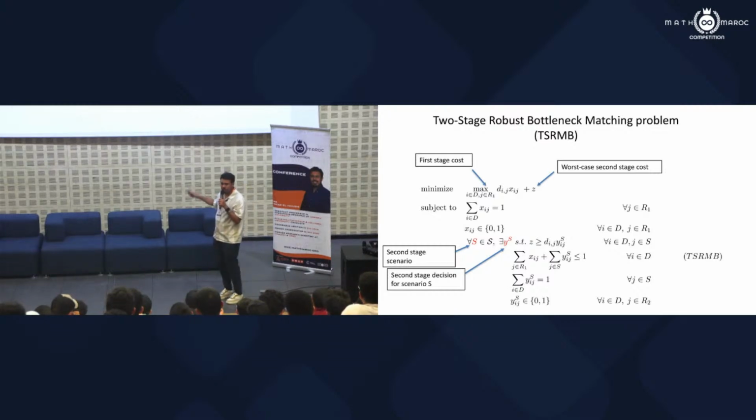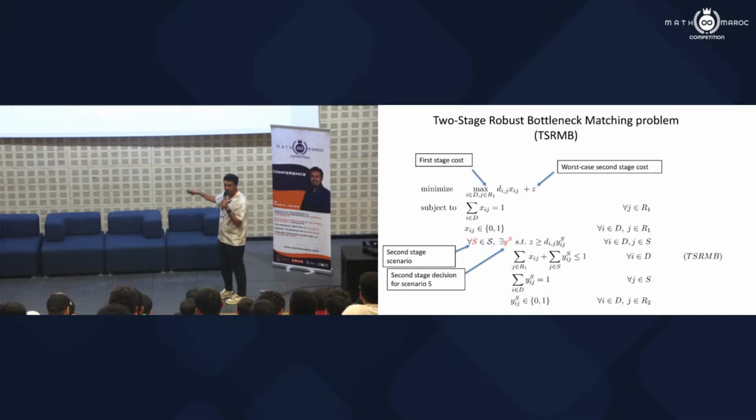I'm not going to go through more details on this optimization problem here, but this is a complex optimization problem. This is not even an integer program. So you have the integer variables, but the constraints here are not linear. You have this for all S. There might be exponentially many scenarios. And we need to develop efficient algorithms to solve this problem.